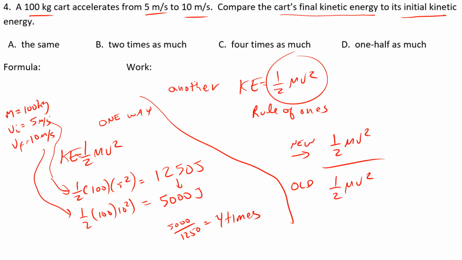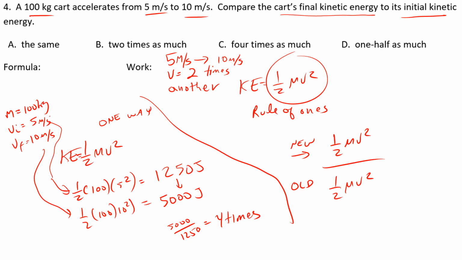And what I'm going to say is, going from 5 meters per second to 10 meters per second is 2 times. So v equals, and I've been writing it out like this, 2 times.